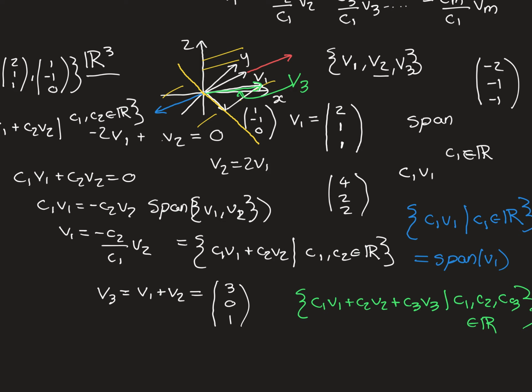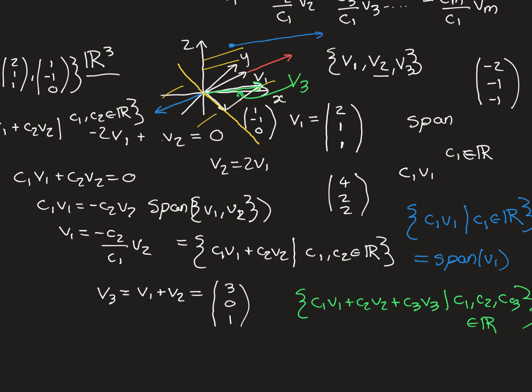So if you take any point, let's say this point here inside the plane, and you decide to add some linear multiple of v3, you'll be moving parallel to v3, and moving parallel to v3 isn't going to take you out of the plane, it's going to keep you in the plane.